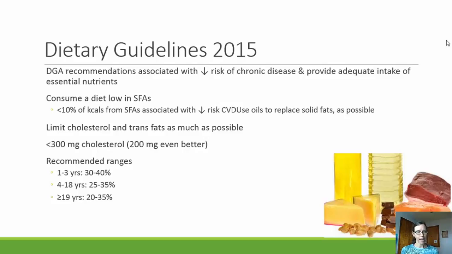But I can say about these dietary guidelines that the recommendations for fats are supposed to be those that are associated with the lowest risk of chronic disease while providing essential nutrients. And the final guidelines continue to say that we should limit our saturated fats to less than 10% of calories.